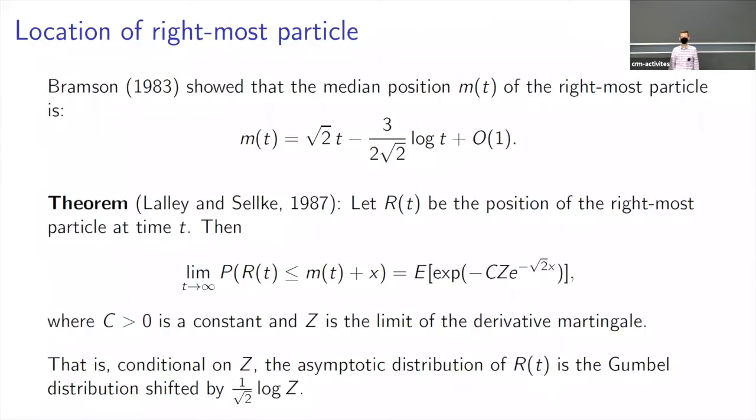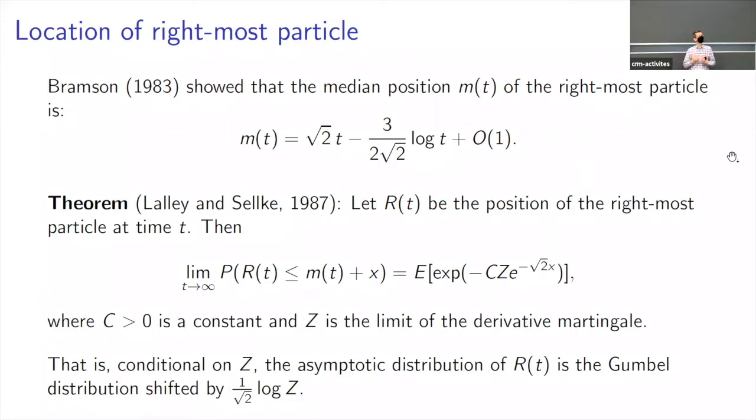In 1983, Bramson showed that in fact, the median position of the rightmost particle is the square root of 2 times t minus 3 over 2 root 2 log t plus a constant. And so to get the correct value for the median position in a typical realization of the process, or for the position of the rightmost particle in a typical realization, we need to replace the 1 that we had on the previous slide by a 3 here.